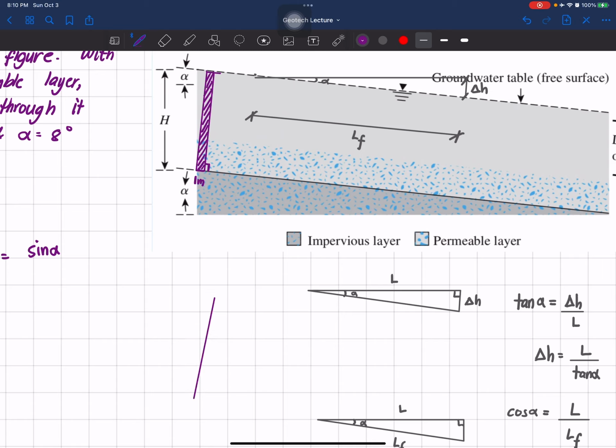So this is A, guys, ha? This is A. And then, ito yung surface ng ground. And then, ito yung edge natin.